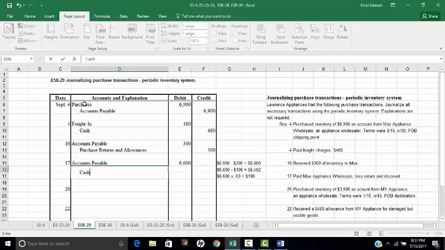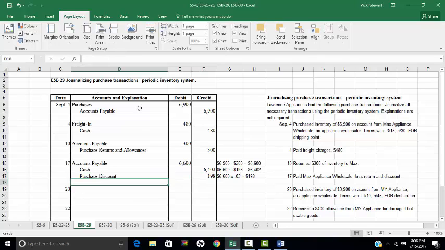We will pay them cash of $6,402, which is the $6,600 they owed, less the purchase discount. The purchase discount will be our next credit, and that will be for $198.